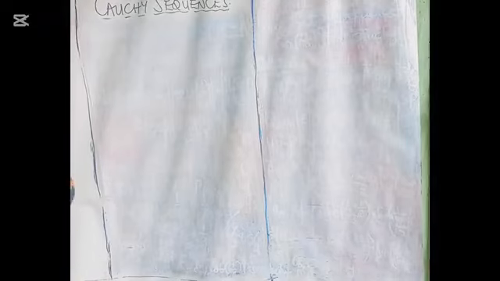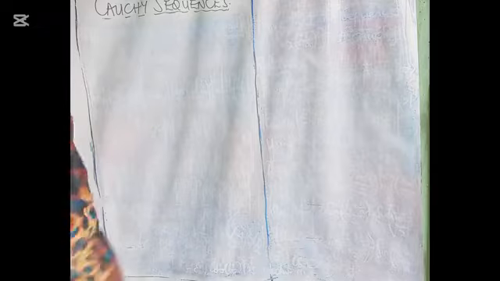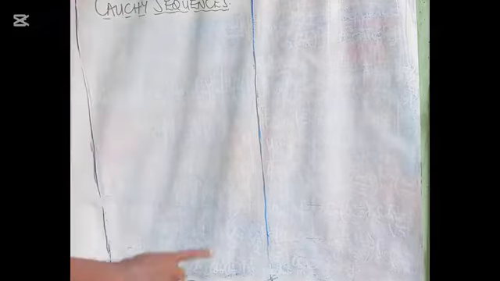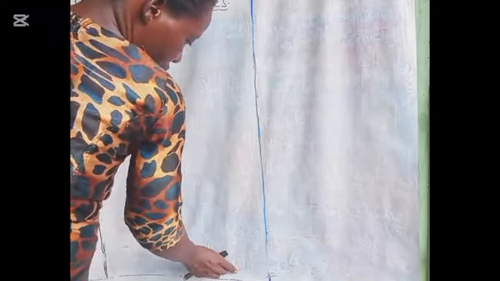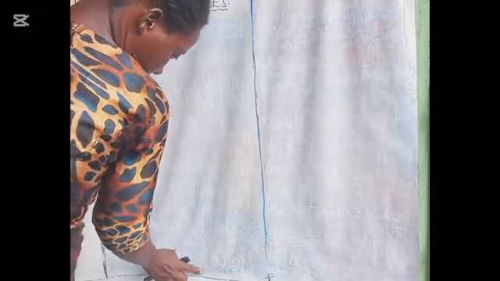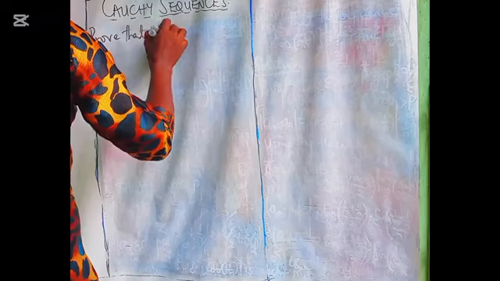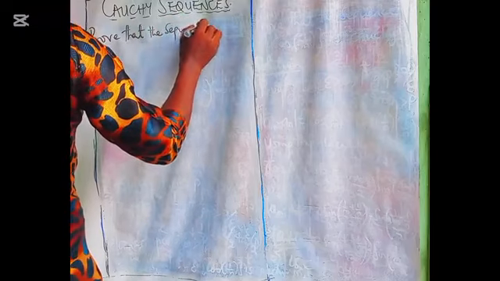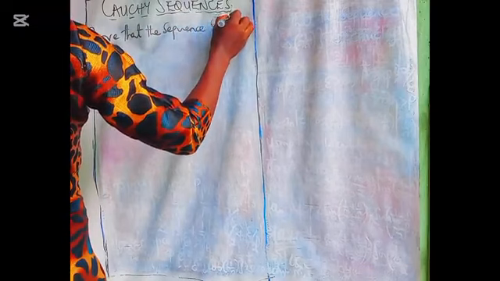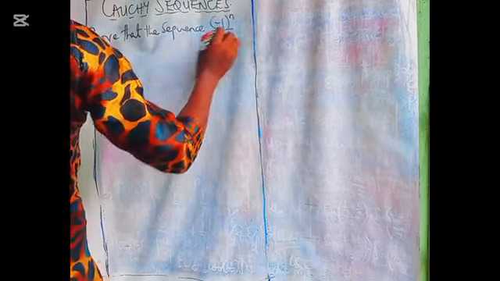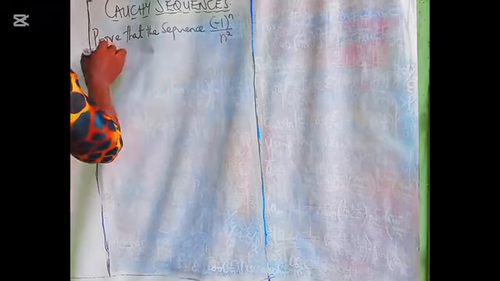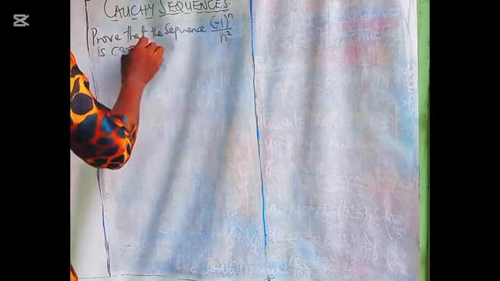Today, we want to prove that a sequence is Cauchy, and we also prove that another sequence is not Cauchy. We start from the first one. Prove that the sequence (-1)^n over n squared is Cauchy.